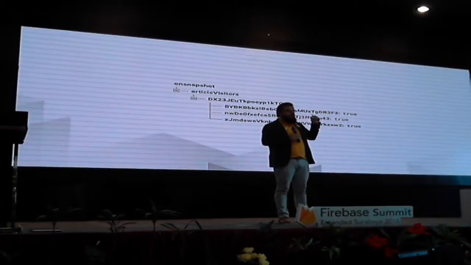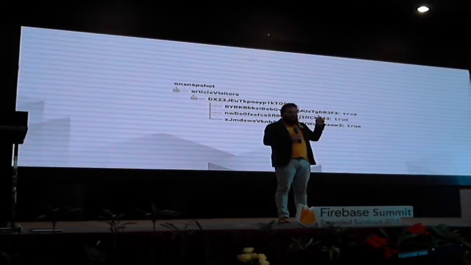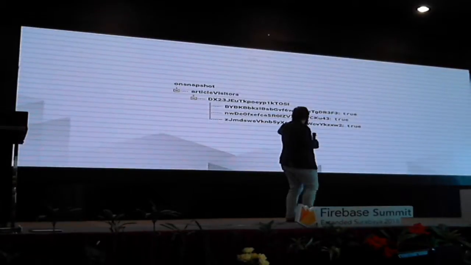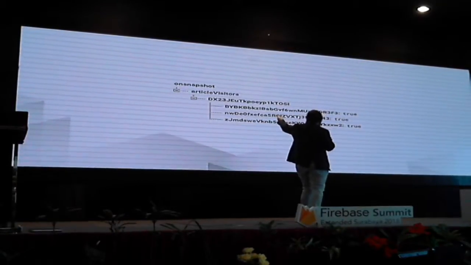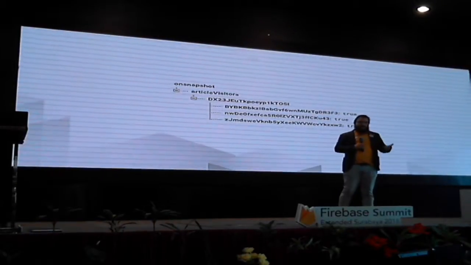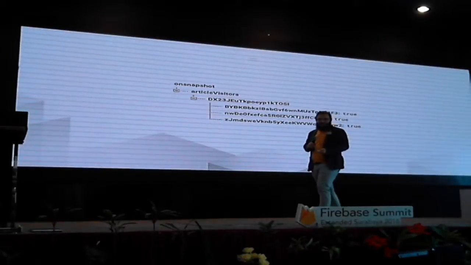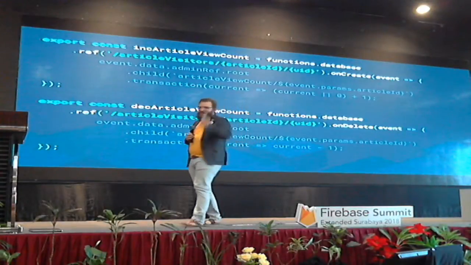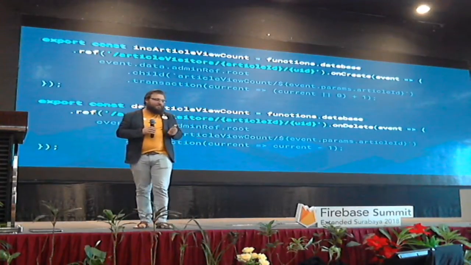When people visit the page, they get this randomly assigned ID, right? So we have the article ID, and then we have the user's ID, and we set it to true. And whenever they leave the page, that's removed from the database. So that's not really a user count yet. And this is where Cloud Functions comes in, right?